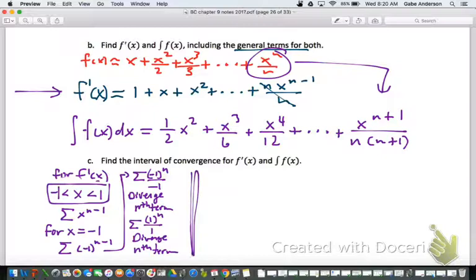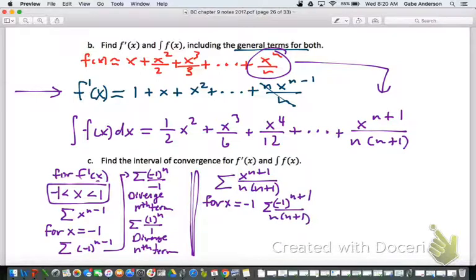And then if we did the interval of convergence for the other one, we would see the sum of x to the n plus 1 over n times n plus 1. And so testing out those endpoints, when x is -1, we would get the sum of (-1) to the n plus 1 over n times n plus 1.